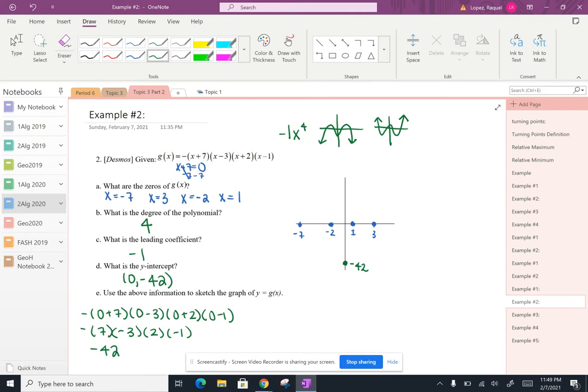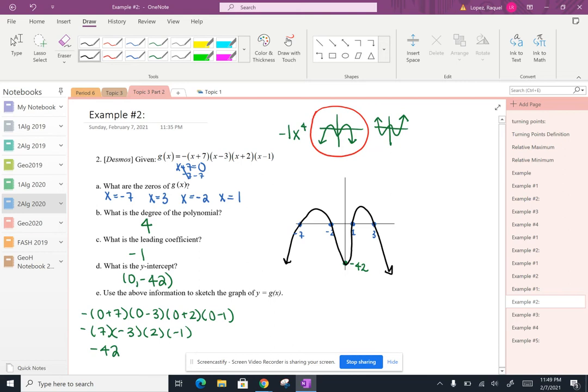Since the leading coefficient in the front is negative, both of the ends of my graph are going to be pointing down. So you might have a graph that looks like this. Here's our first sketch of that graph.